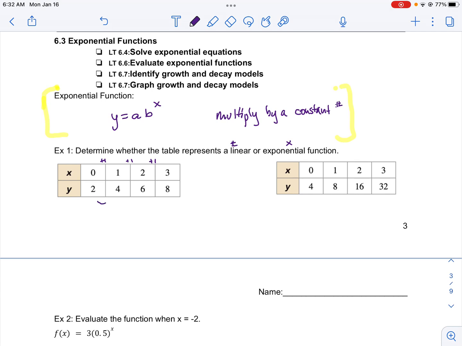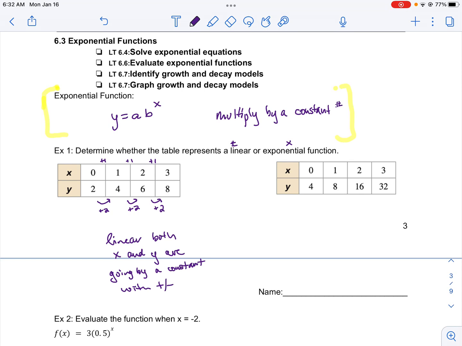But as I go from 2 to 4, I am plusing 2, 4 to 6 plus 2, 6 to 8 plus 2. This is linear. So both x and y are going up by a constant. And that's with addition or subtraction.